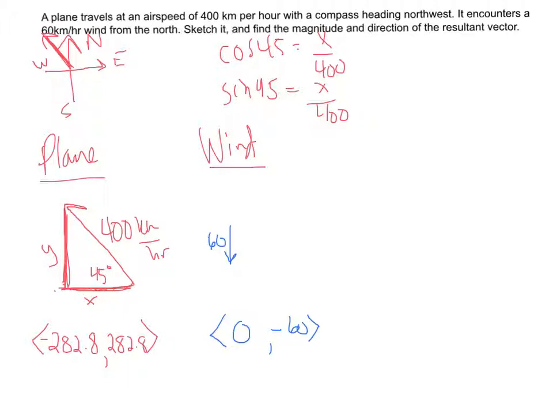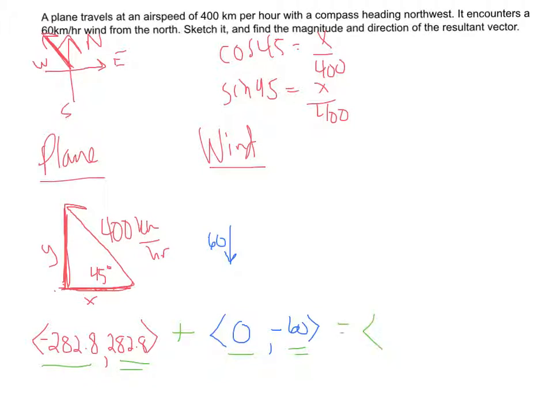So our resultant vector, I'm going to do in green here, would be, if we add up the x component of the plane vector, the x component of the wind vector, and then the y component of the plane, and the y component of the wind. And that's going to give us our resultant vector.